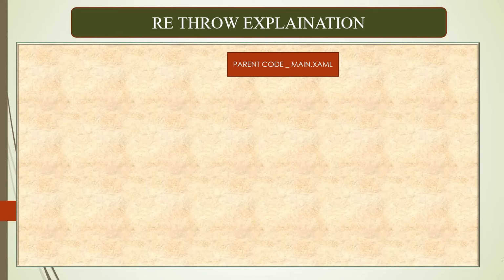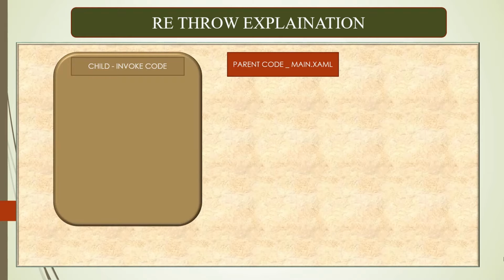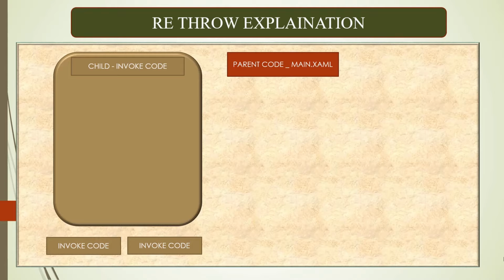Let me go back to my presentation and explain the Rethrow. Assuming that this red color code, this entire thing, is the parent code, and this is the main.xaml. In the main.xaml I have invoked certain pieces of code: one child code, another invoke code, another invoke code, and more invoke code.